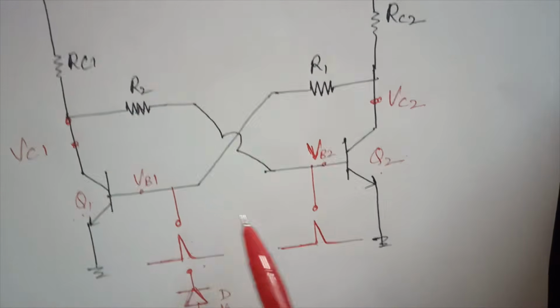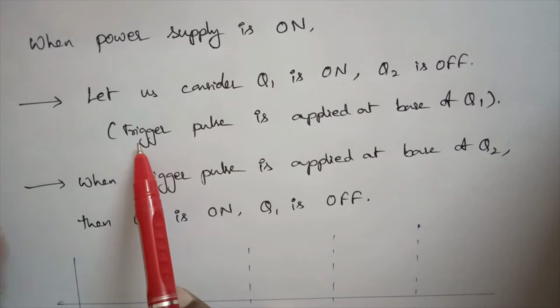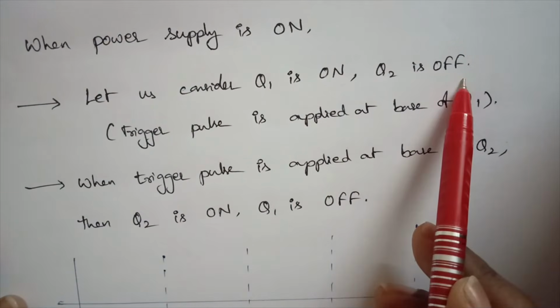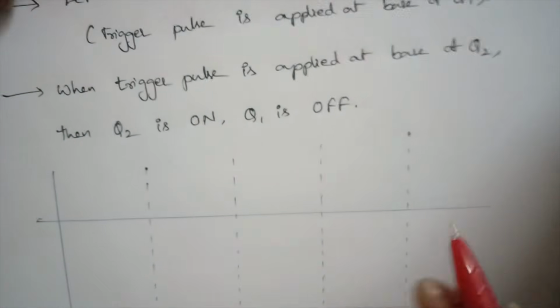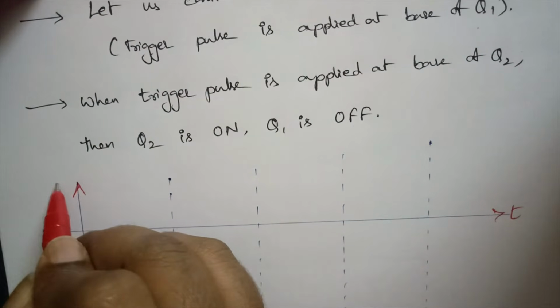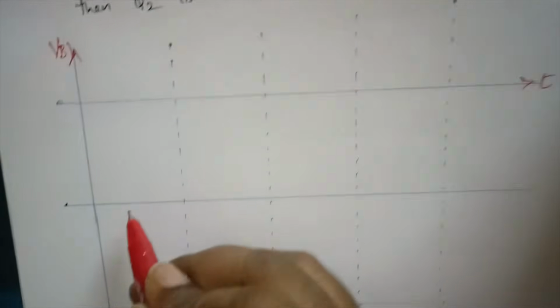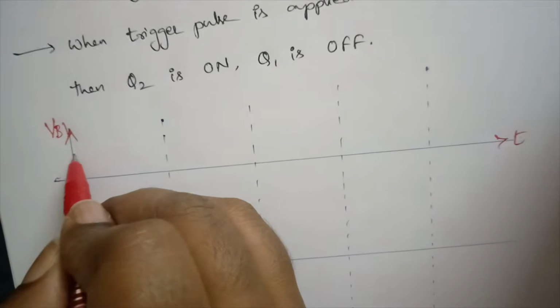Now coming again to the bistable multivibrator operation. When our power is switched on, let us consider we first apply a trigger pulse to Q1. Then Q1 is on, Q2 is off. Here I am taking the triggering pulse, which varies with respect to t, and I apply the trigger pulse at VB1 for Q1. The output we get is Vc1.